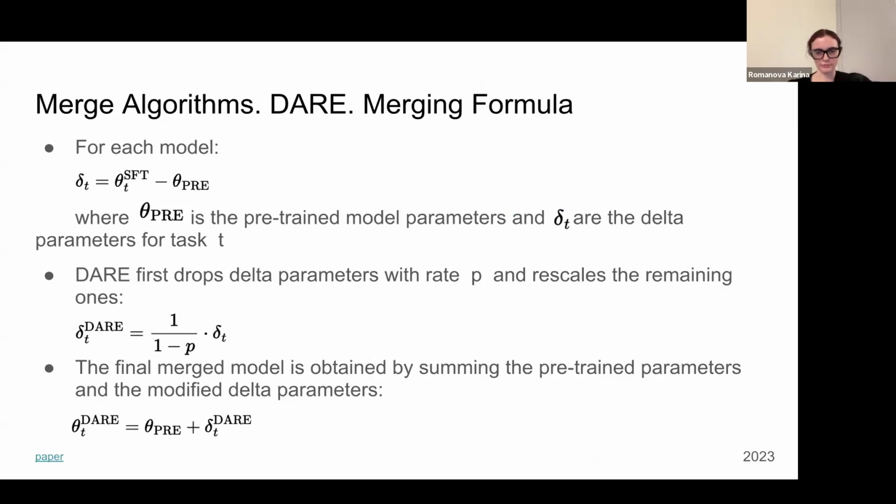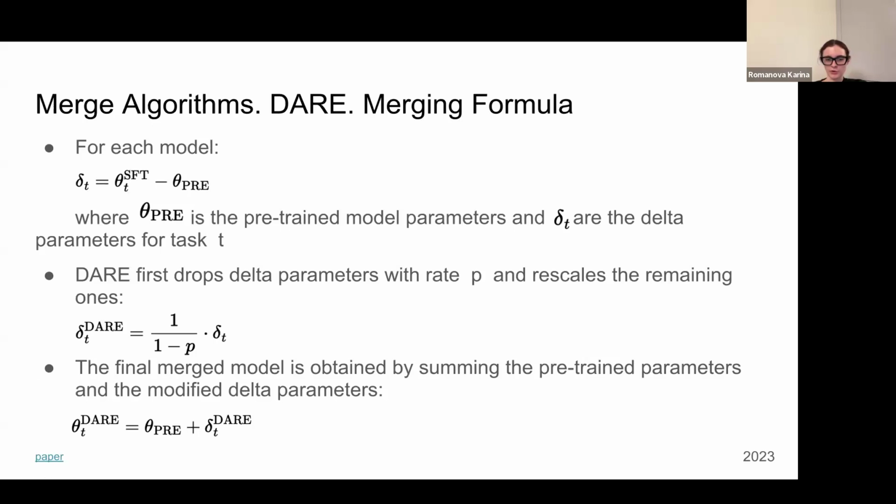Let's talk about formulas. Firstly, there is random dropping: a certain percentage of delta parameters, the difference between fine-tuned and pre-trained parameters, are randomly reset to their original pre-trained values. On the second stage, the remaining delta parameters are scaled by a factor of this formula, where P is the proportion of parameters that were dropped.